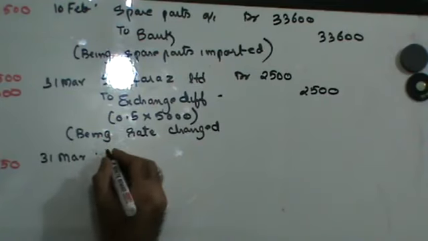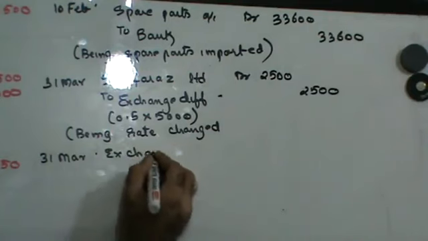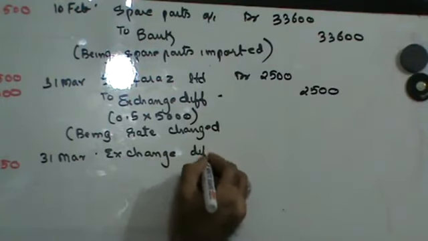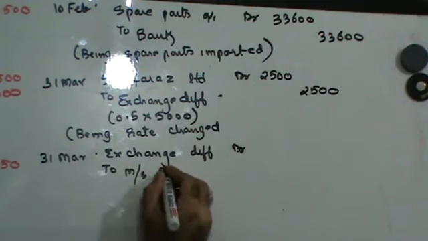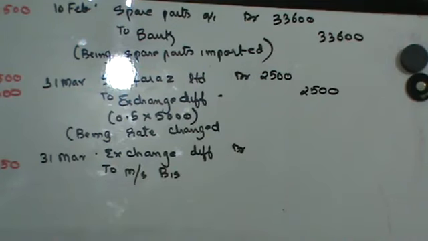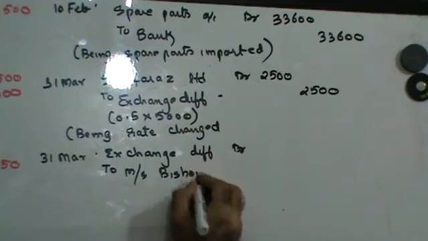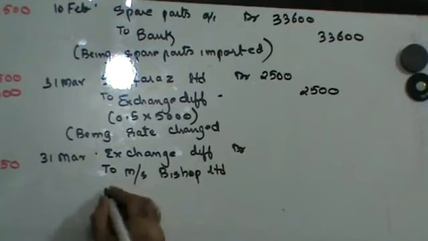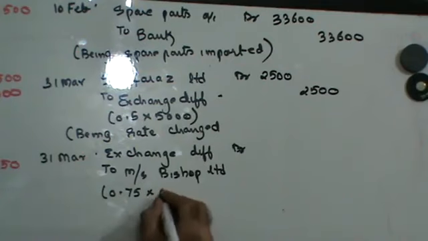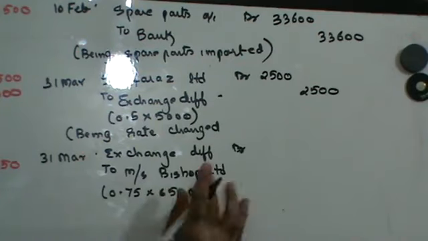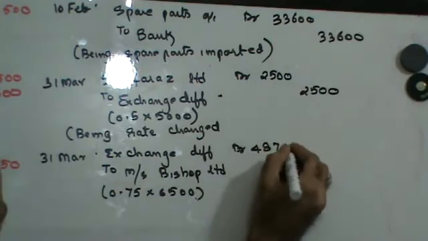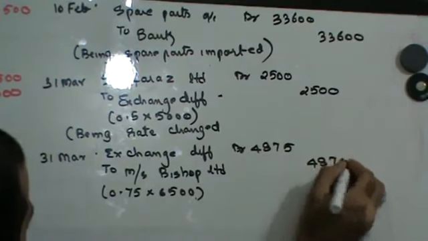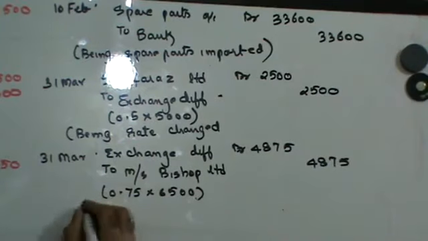Loss means exchange difference on the debit side. Exchange difference account debit to Messrs Bishop Limited. 75 paisa on the entire $6,500. Can someone please tell me that? 4,875. Right, being rate change.